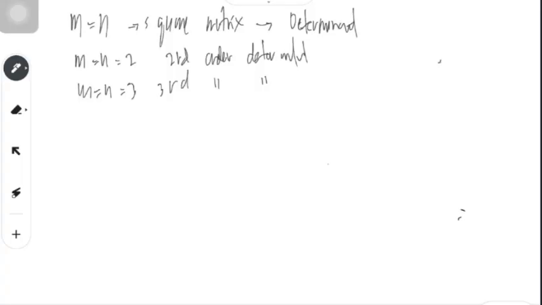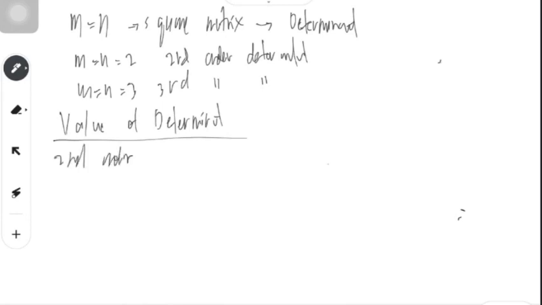No? Now let's have a value of what we call a second order determinant. You're familiar with this, ano? Second order.